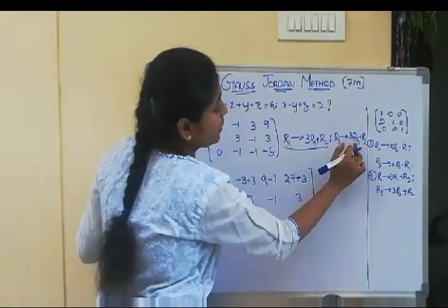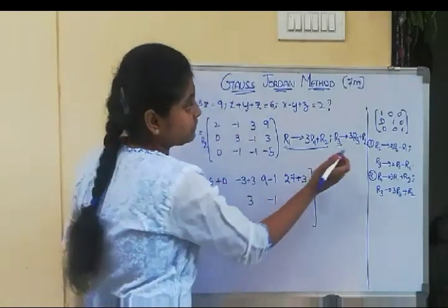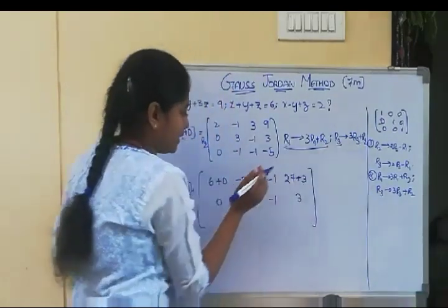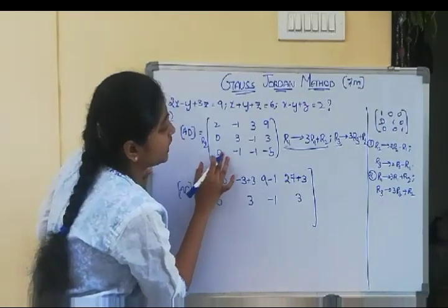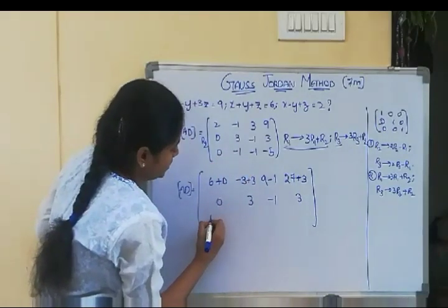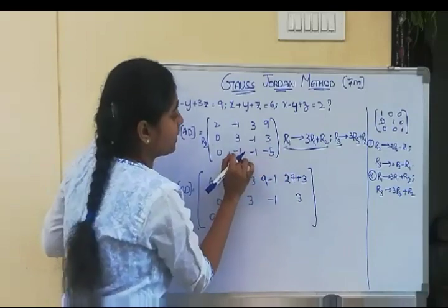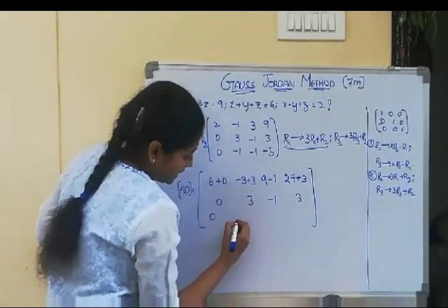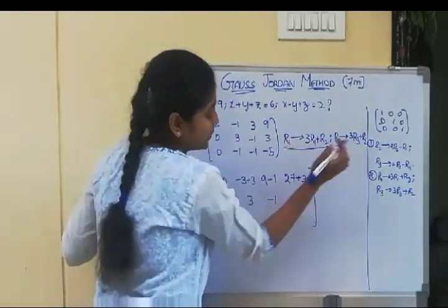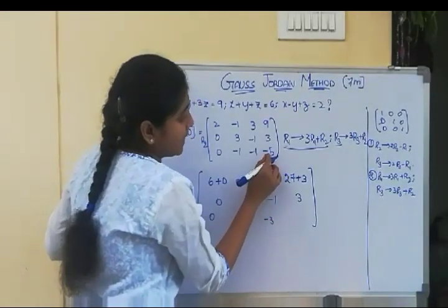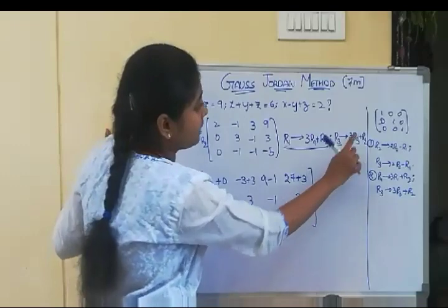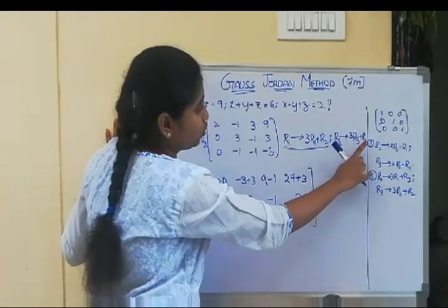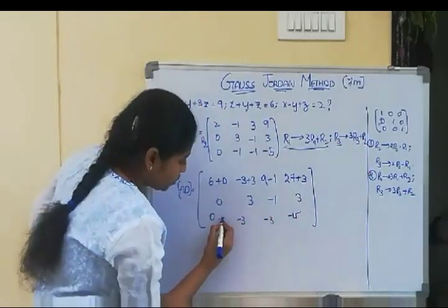Now again we will get to row 3. We will write the row 3 values. So that is 0 into 3, it is 0. Minus 1 into 3 is minus 3. Minus 5 into 3, it is minus 15. Now we will add the row 2 values here.